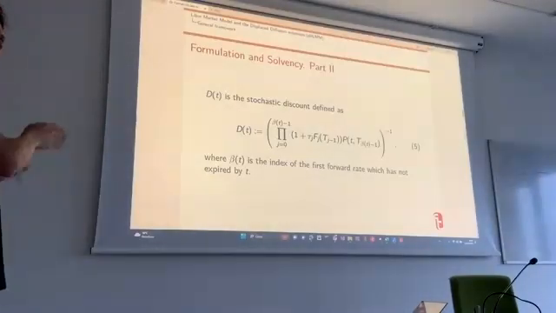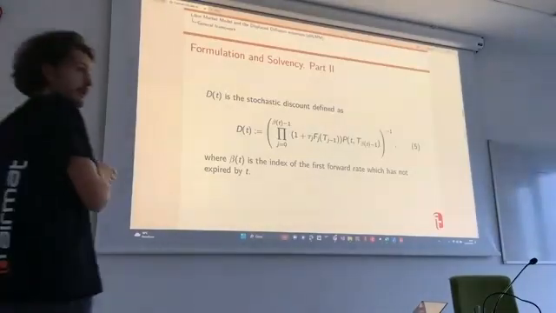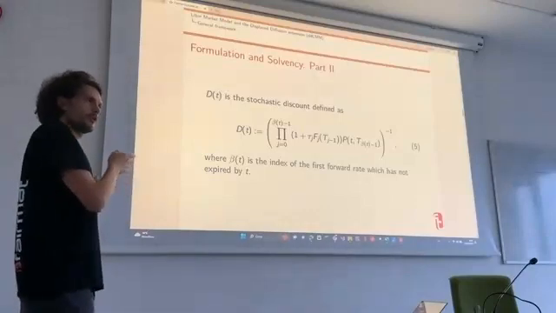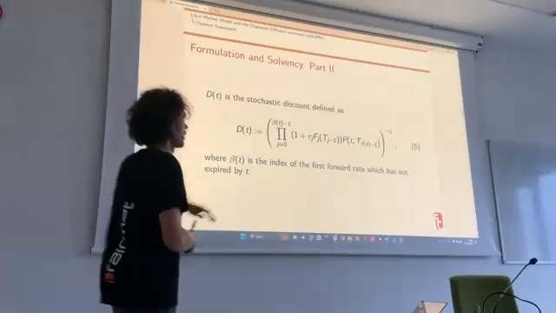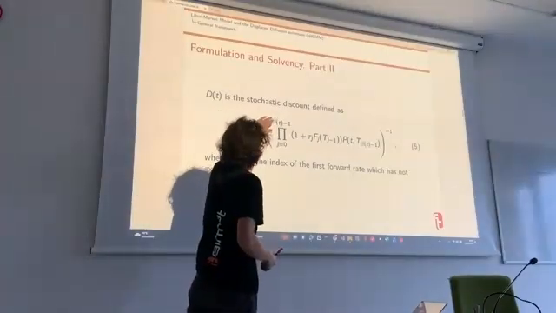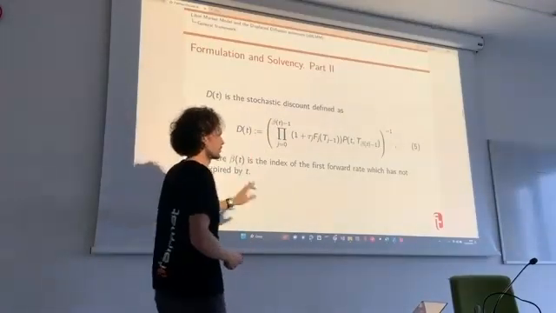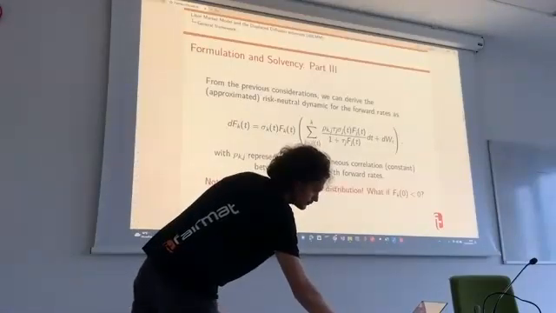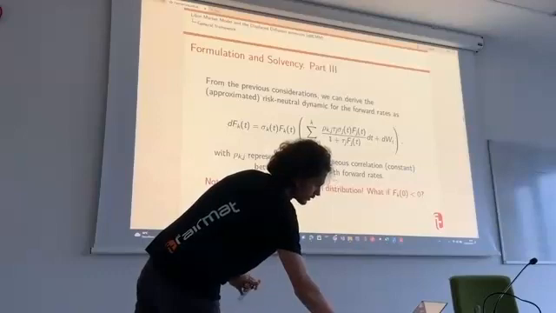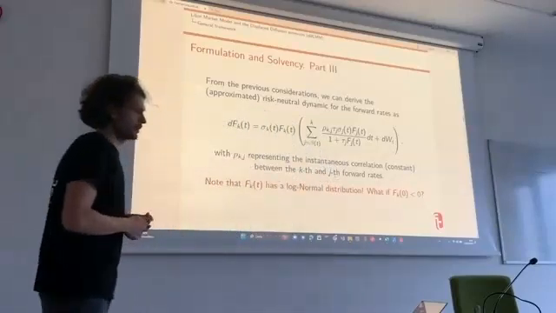Probably some forwards are expired, so you are not using them anymore in the simulation part. This is why you should pay attention to this data. So this is the first forward rate which is not expired. Okay.